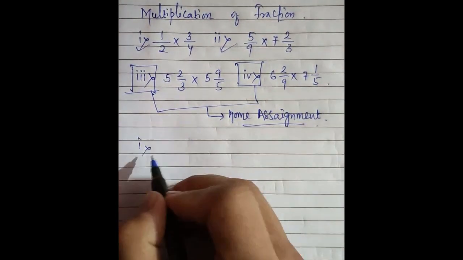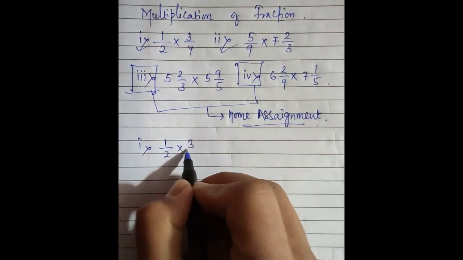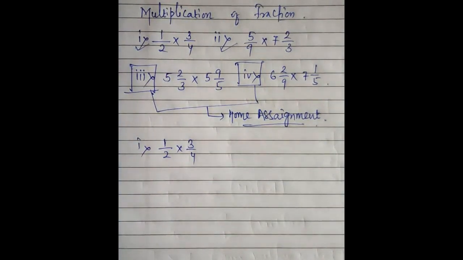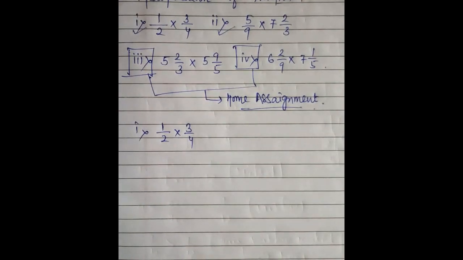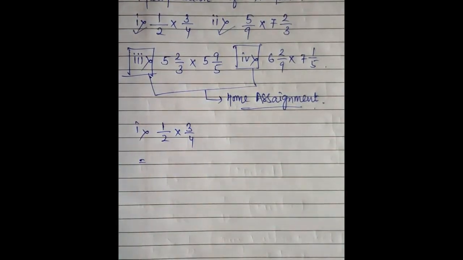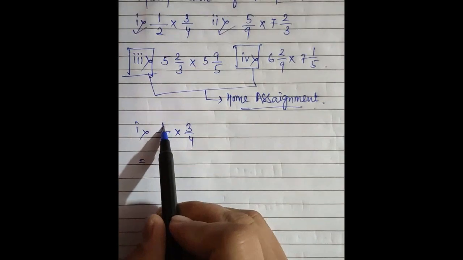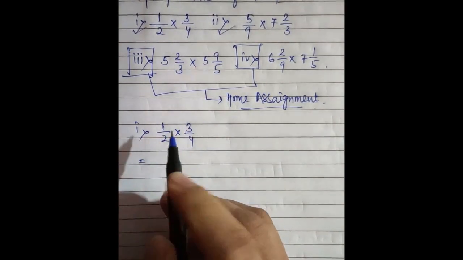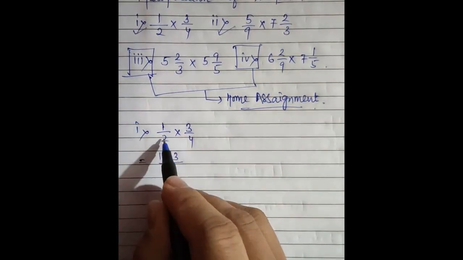So I'm solving number 1, that is 1 by 2 into 3 by 4. This is the simplest one, everyone knows how to do it, but still I'm brushing up your knowledge. Some of you may have forgotten also, right? So here we just multiply the numerators first, 1 into 3 and 2 into 4.